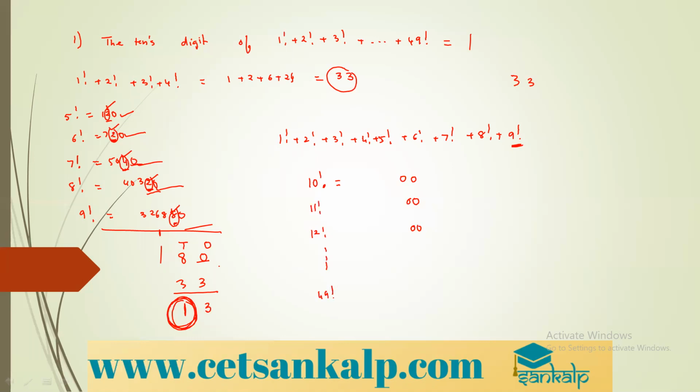Like that, 49 factorial also will have 2 zeros. So the tens contribution is 0 here. That is why we can count only up to 9 factorial and you can say that the tens digit is 1.